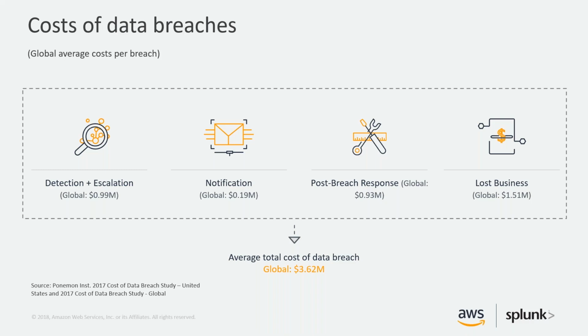So we're looking at detection and escalation through to notification, the response itself, as well as the estimated amount of actual opportunity or business lost as a result of the breach. These are just global averages. In the U.S., you'll note that costs may typically be higher since we're a more litigious jurisdiction, and that can make the costs add up even more quickly.